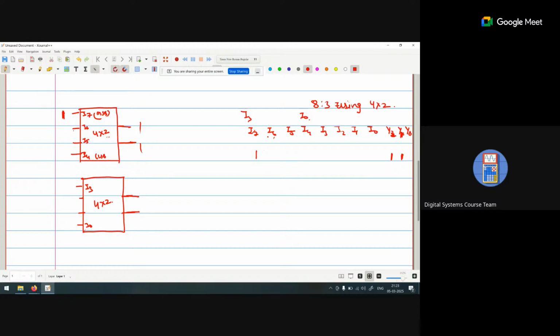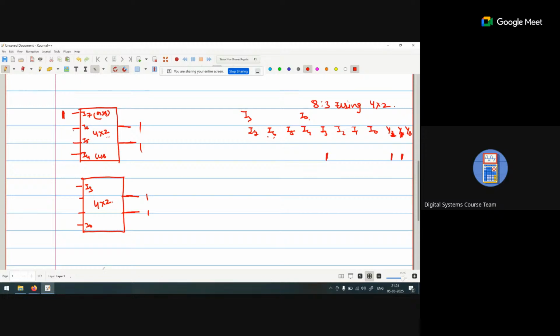Okay, now the remaining is I0. Now let's take one more case, in the case of I3 is 1. So when I3 is 1, we are getting 1 1 here.